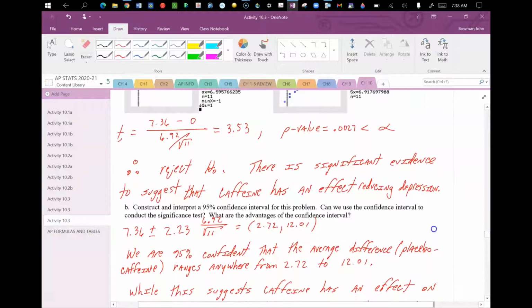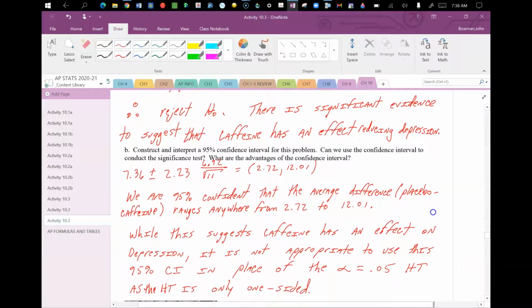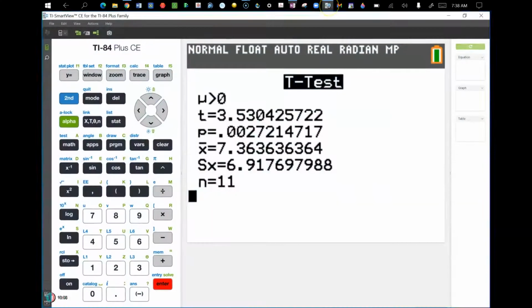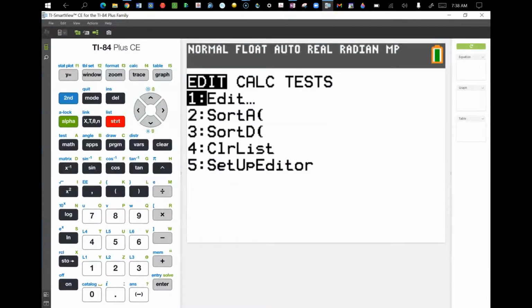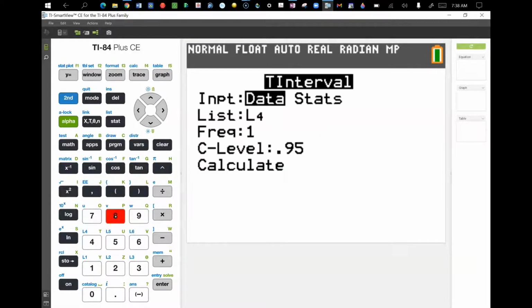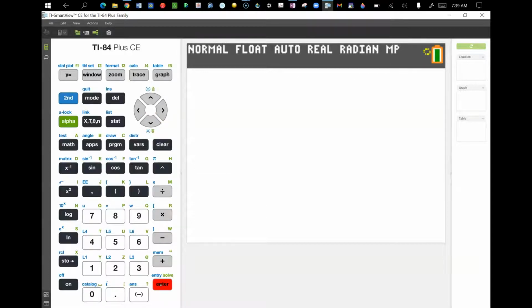As far as the 95% confidence interval is concerned, we would do that the same way. So we will go back to the calculator here, and we will hit the stat button, go over to tests, and we are trying to find a t interval. So that's number 8 on my calculator. We're going to use the data in list 4. We're going to use a 95% confidence interval, and we're going to calculate that.